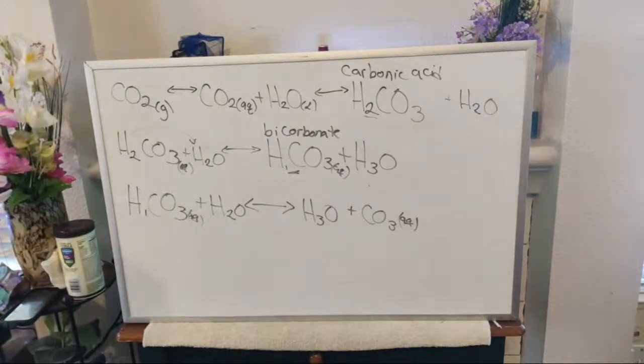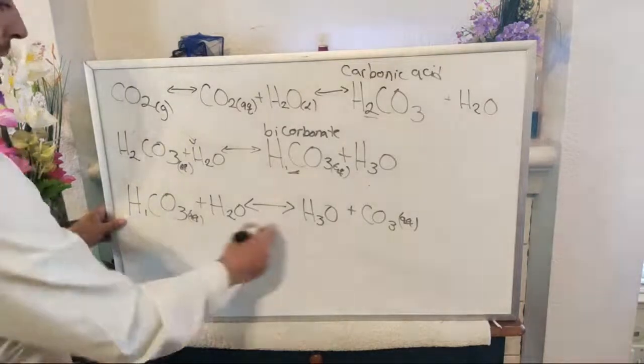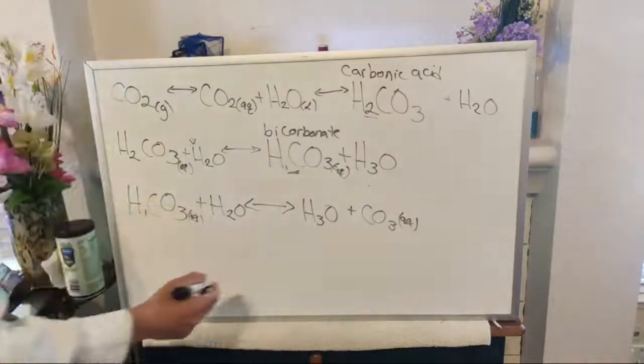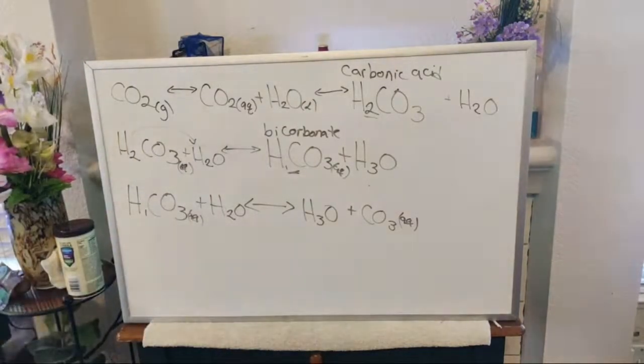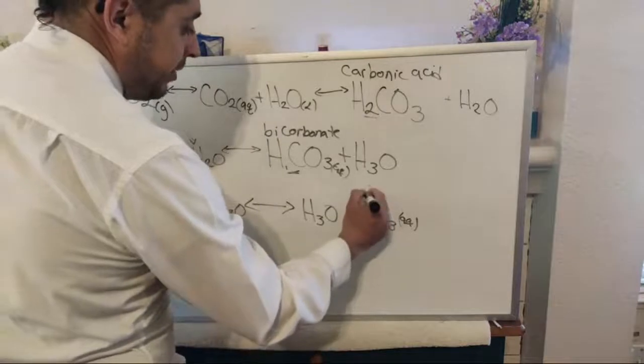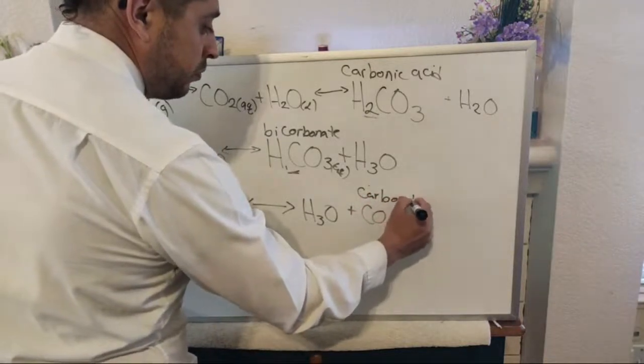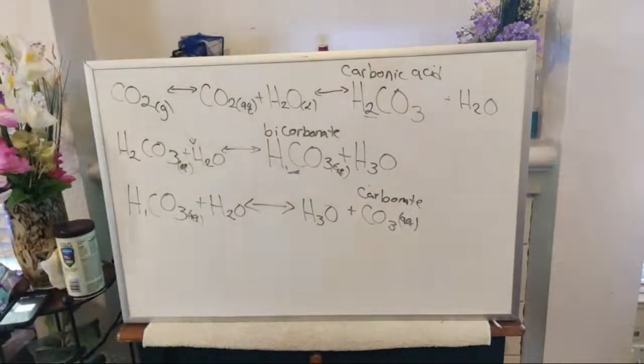But that's what's happening in the water, right? Like I said, these are different types of reactions that are happening in the water. So from carbonate, you get more H3O and CO2. That means carbonate, my bad. And more CO3, and this is carbonate right here. Bam. So all those reactions are taking place, right?